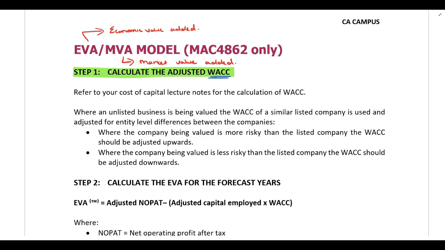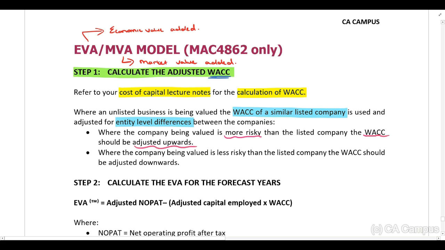You need to refer back to your lecture notes on cost of capital for the calculation of WACC. And please remember, if we do use the WACC of a similar listed company, we then need to adjust for entity level differences. So if the company we are valuing is more risky, we need to adjust the WACC upwards.